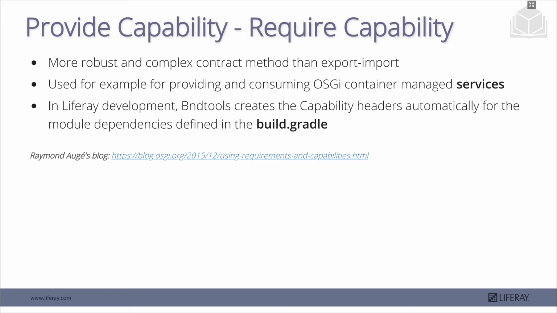Export-import is restricting just packages, whereas with capabilities, we are targeting that specific keyword we specify within Provide-Capability, right? And it allows us to be a little bit more creative with it, as we are able to use LDAP filter syntax to pinpoint a specific capability we may want to use.